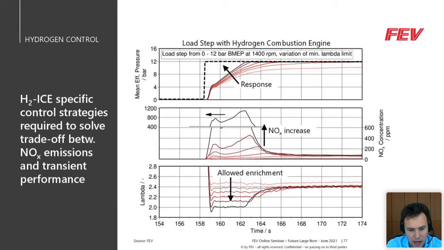The enrichment allows a faster transient, but on the other hand, our NOx emissions increase very much. Therefore, we have to find a way to introduce smart controls that define the better trade-off between NOx emission and transient performance.